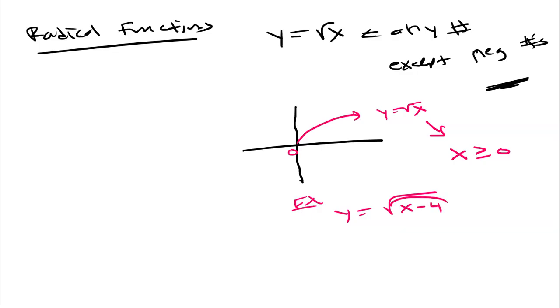I take the inside of that radical, set it greater than or equal to 0, and solve. The domain is going to be anything greater than or equal to 4. If I pick any number less than 4, it's not going to work. If I put 3 in there, that's 3 minus 4, which is negative, so I can't take the square root of a negative number in the real world.